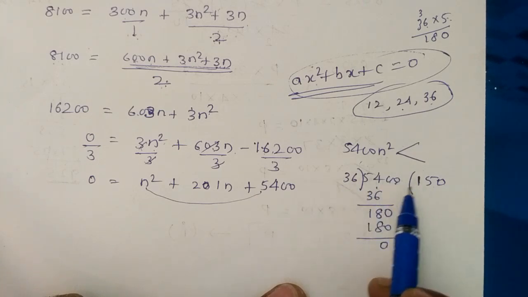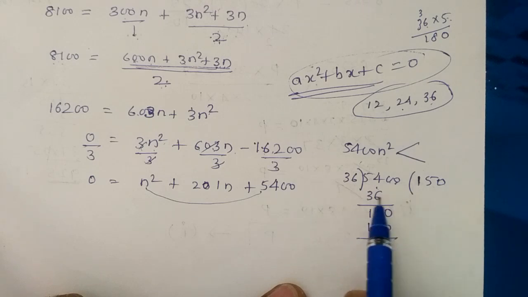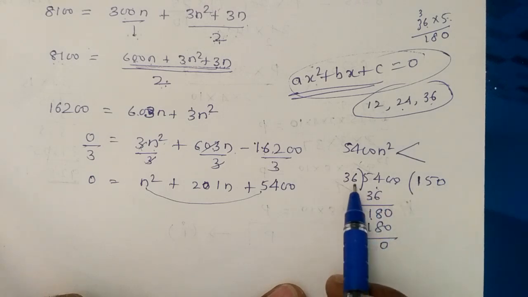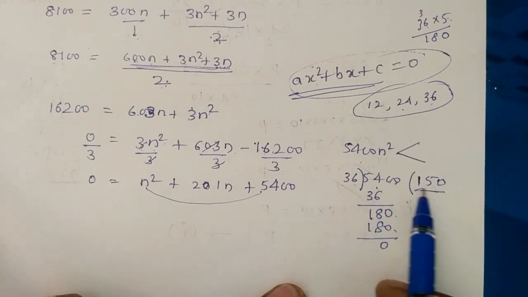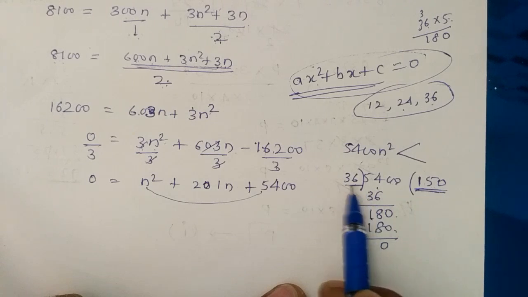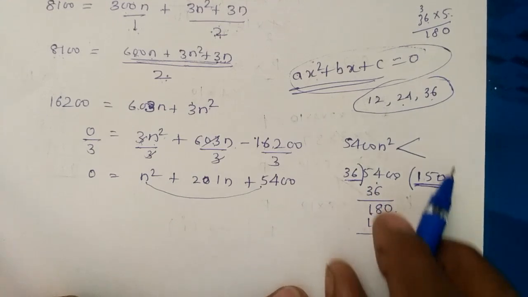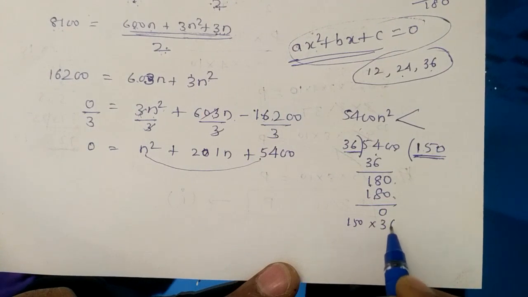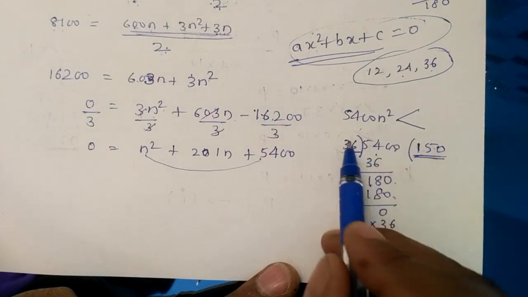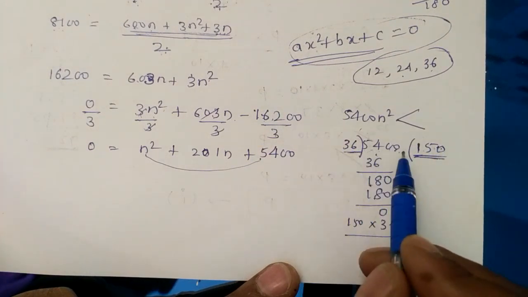514, if you divide by the 36 table, 36 ones are 36, we get 18 here, remainder; 36 5s are 180. So we got 150 and 36. So 150 and 36 we multiply, and again we get 5400, correct?